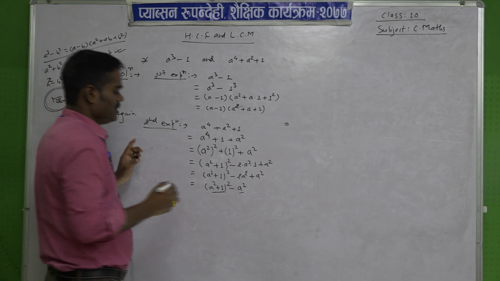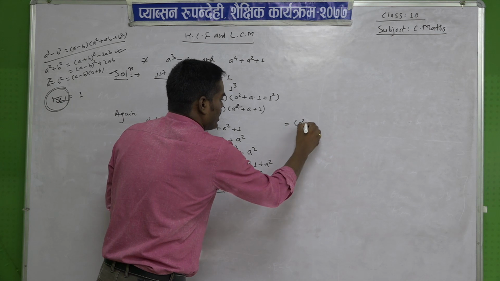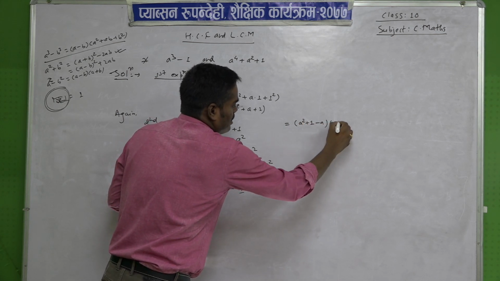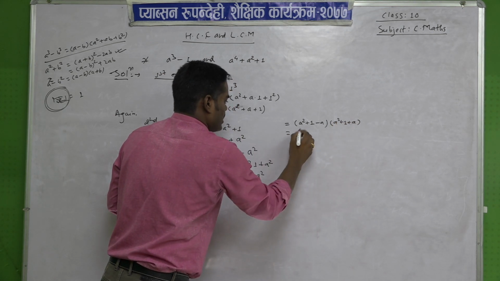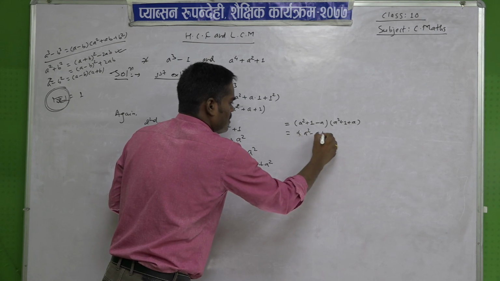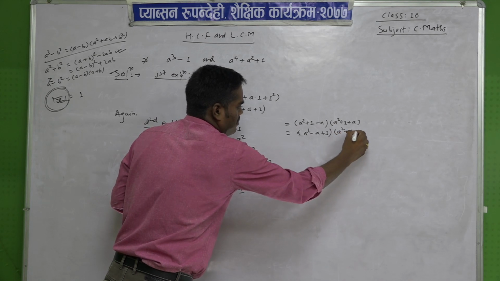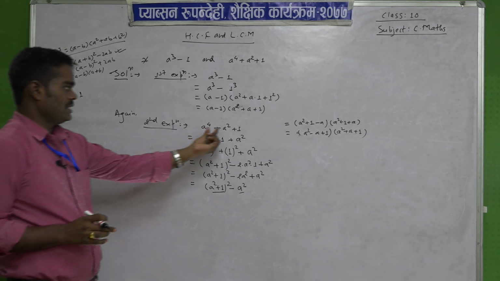So here you can write a square minus a plus 1, and here a square plus a plus 1. This is the factorization of this expression.